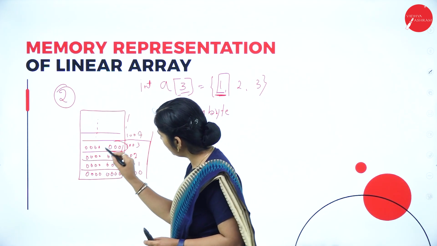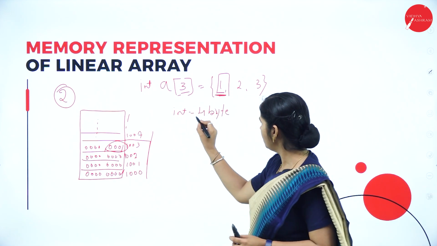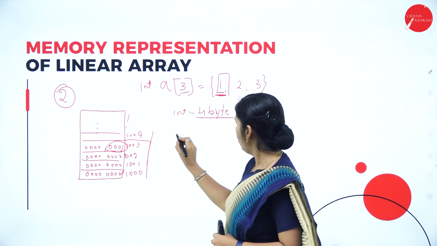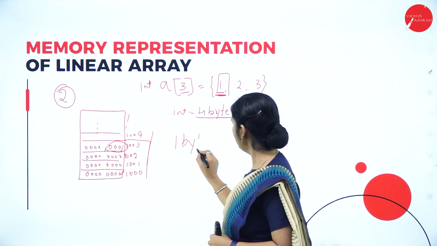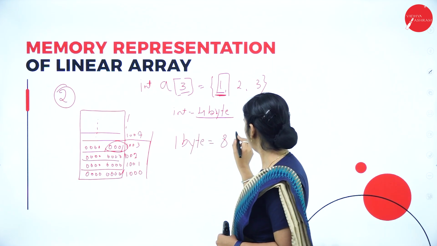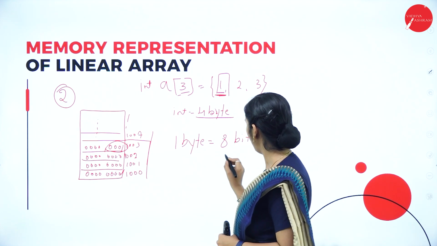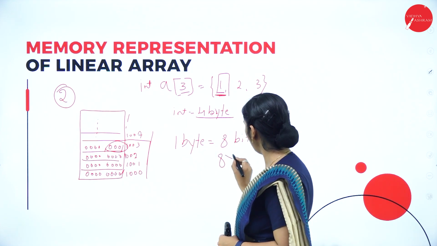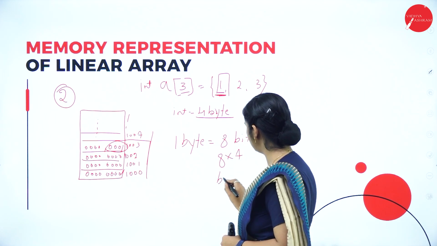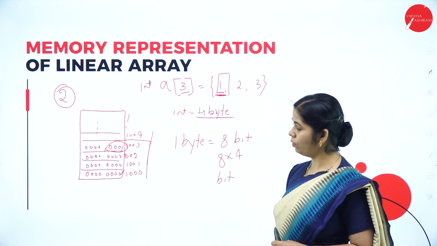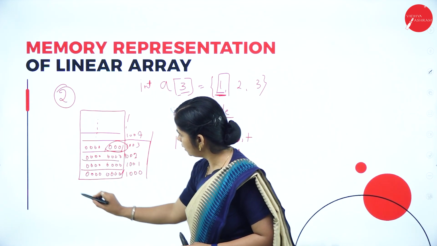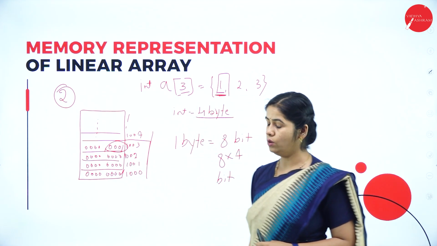This is the original value I am going to store. Because it is 4 bytes, and 1 byte is equal to 8 bits, to store this one value we need 8 into 4 bits. That's what we are representing here to store the value 1.